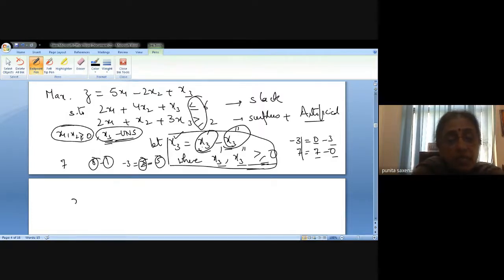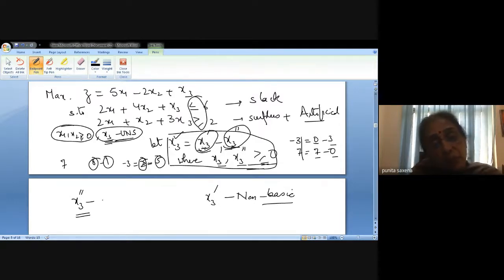If in case your x3 was to be negative, then x3 dash will be a non-basic variable, only then will it be zero. So your basis will only have x3 double dash. As a result, which value will x3 take? 0 minus whatever is the value. Similarly, if x3 were to be positive, then accordingly x3 double dash will be non-basic, and so the value of x3 will be the same as that of x3 dash.